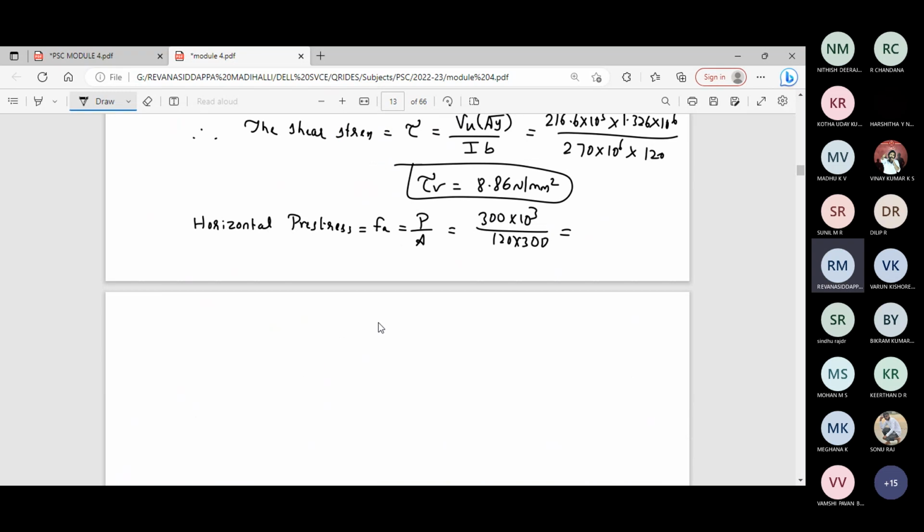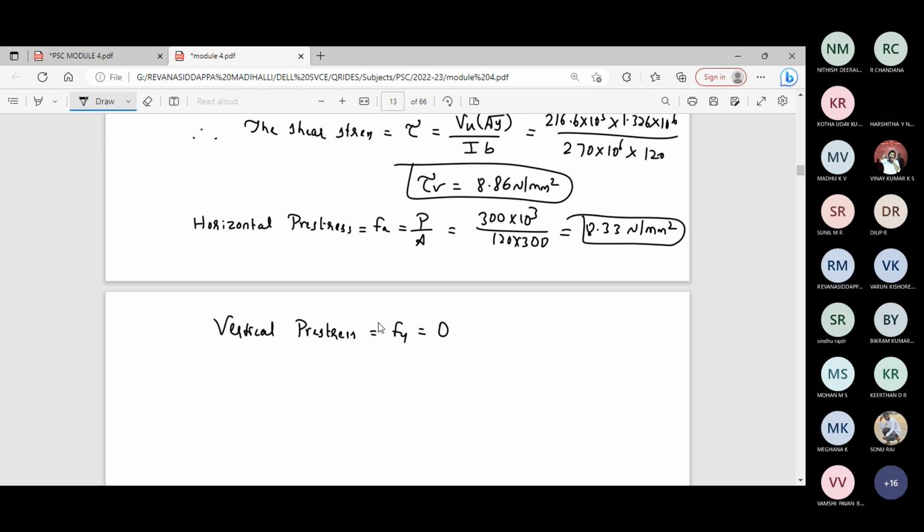If you calculate, you'll get 8.33 Newton per mm square. Then the vertical pre-stress: there is no vertical pre-stress mentioned in this problem. Fy you can take as 0.